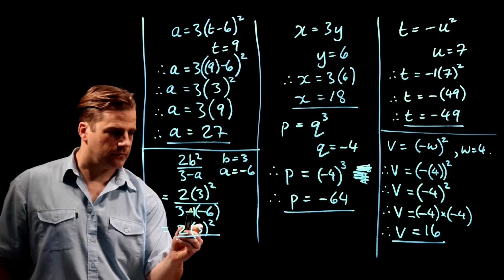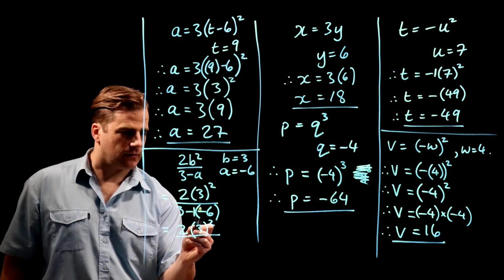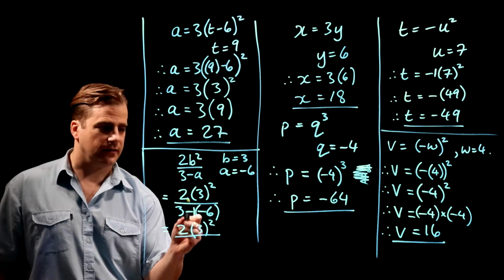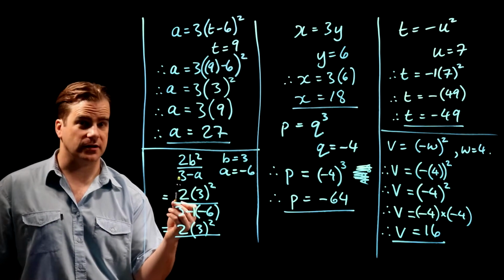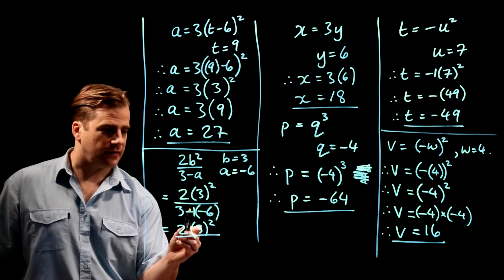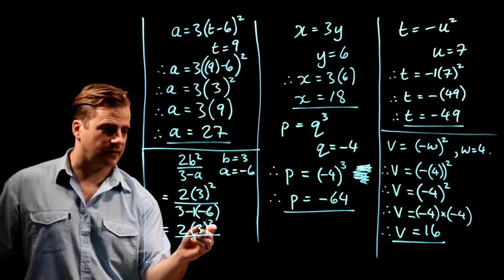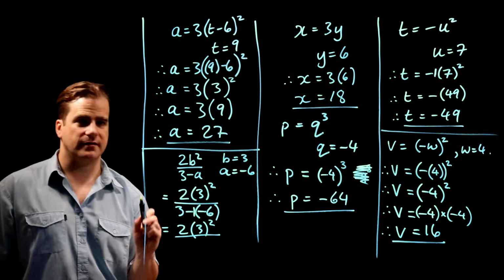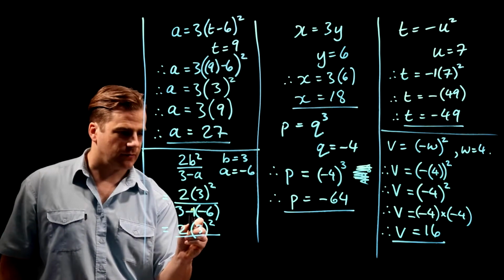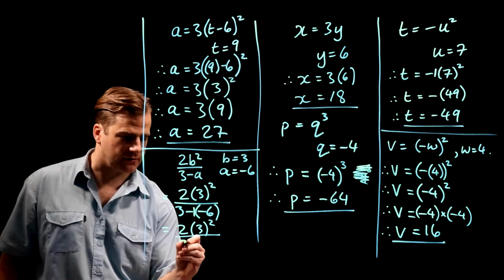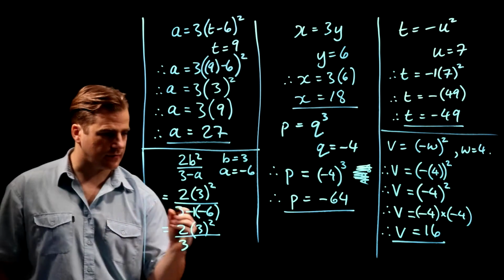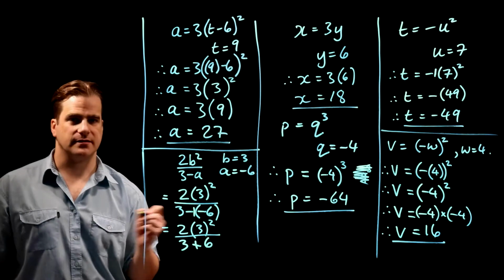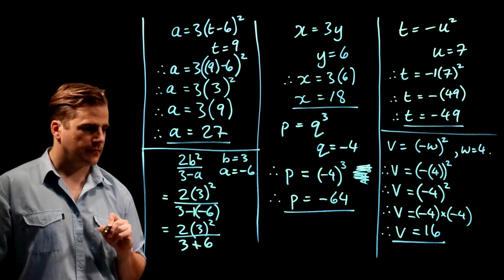So, BIDMAS, the multiplication of that minus 1 by the bracket, multiplication beats addition subtraction. There's a subtraction, it's 3 minus something. So the multiplication wins, so we do the minus 1 times the minus 6 first. So minus 1 times minus 6, minus times a minus is a plus. So it's 1 times 6 is 6.